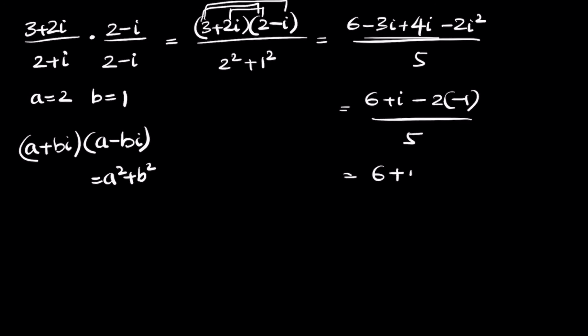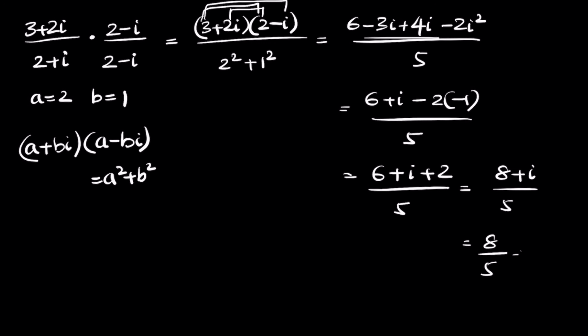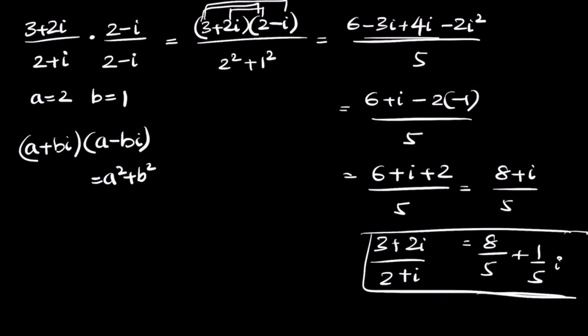So 6 plus i plus 2 by 5. So 8 plus i by 5, or you can split it and write it as 8 by 5 plus 1 by 5 i. Right, so this is the value for 3 plus 2i by 2 plus i.